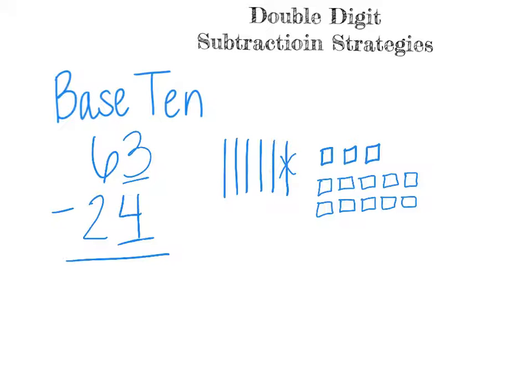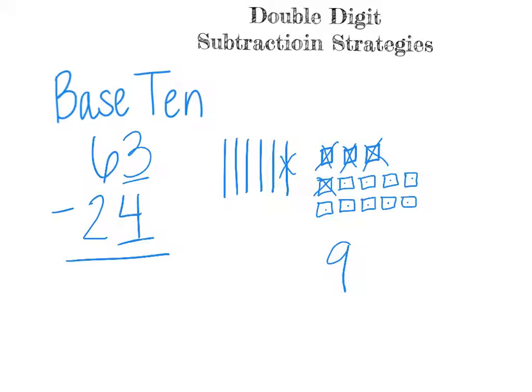Then I can take away 4. So let's take away 4 ones. 1, 2, 3, 4. All right, let's count these ones that I have left. 1, 2, 3, 4, 5, 6, 7, 8, 9. I'm going to write that number right there.